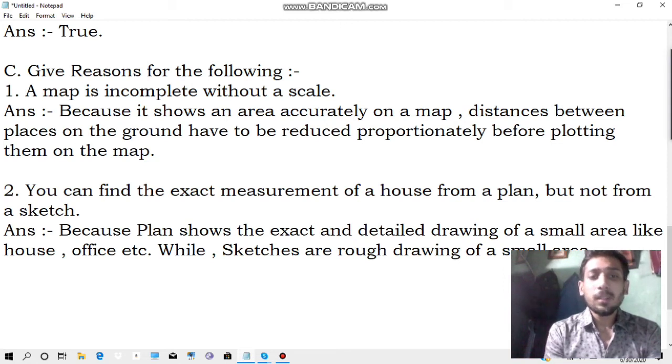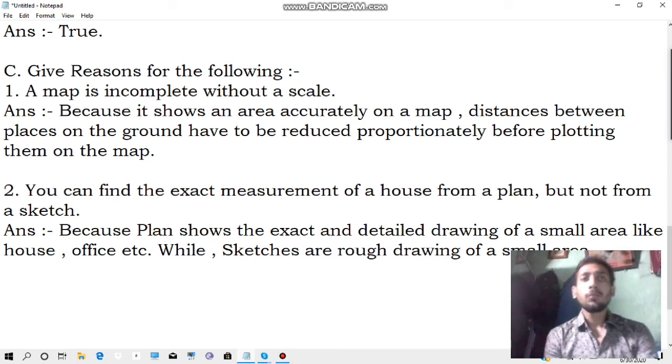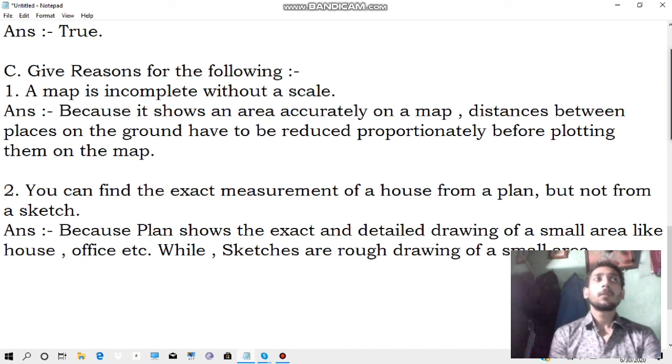But sketches have a rough drawing of a small area. Like if you go somewhere for touring or for a hangout, you went to a hill station and you thought I should draw a picture here because the scenery is too good and looks very pretty. So you started to make a sketch, but that was just a rough drawing.